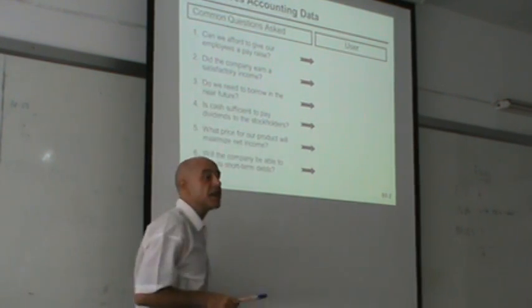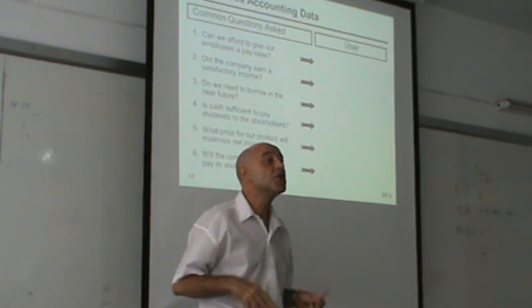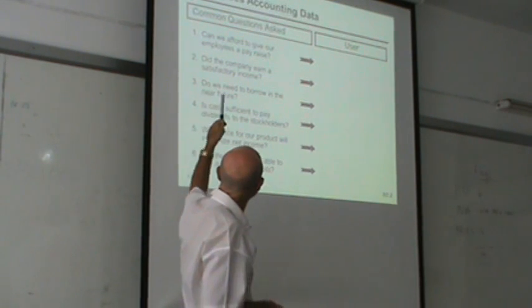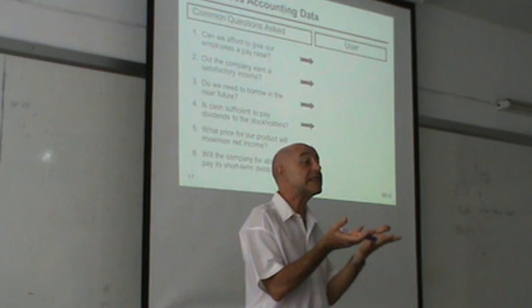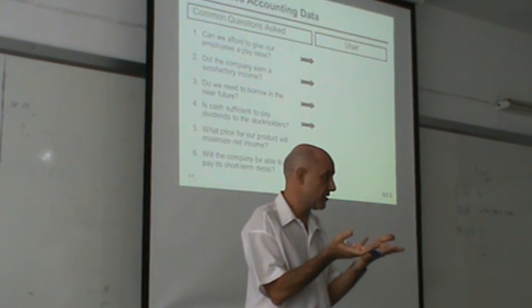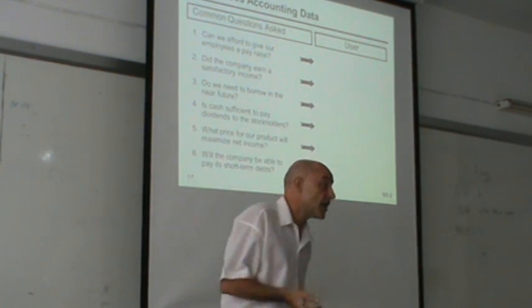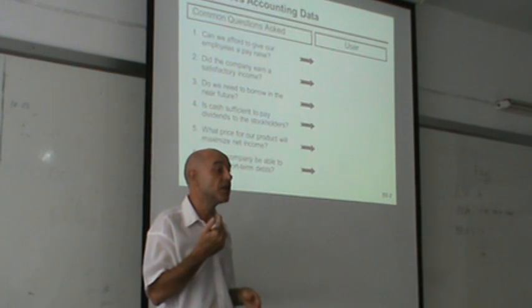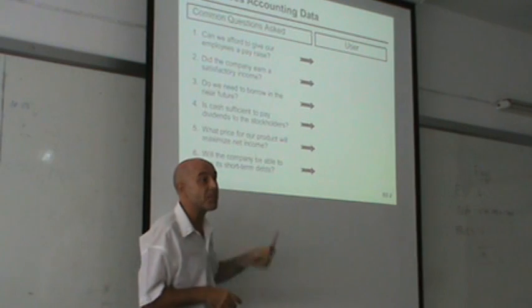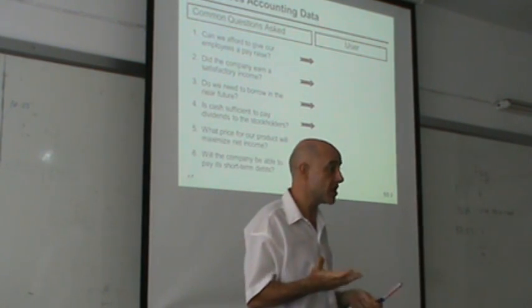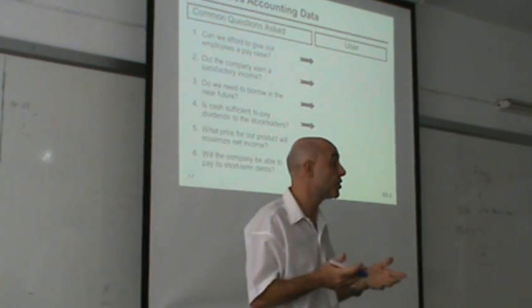Number 1 is question from human resources. Can we raise salaries? Okay. Can we raise salaries? Can we hire a new person? That's number 1. Number 2, does the company earn enough income, or does it make a good profit?